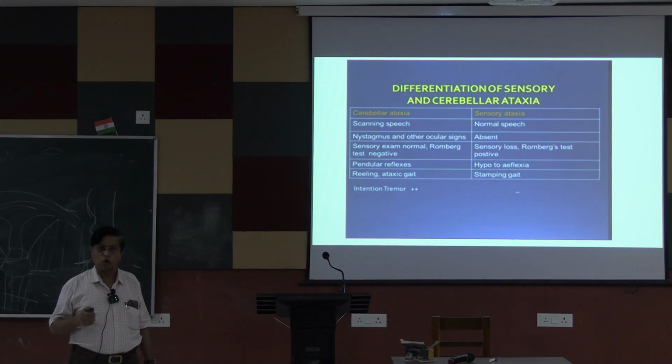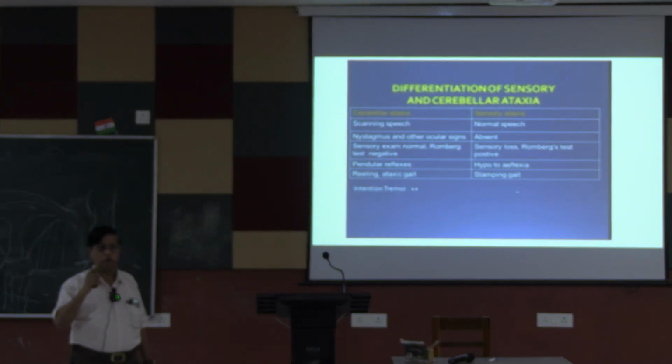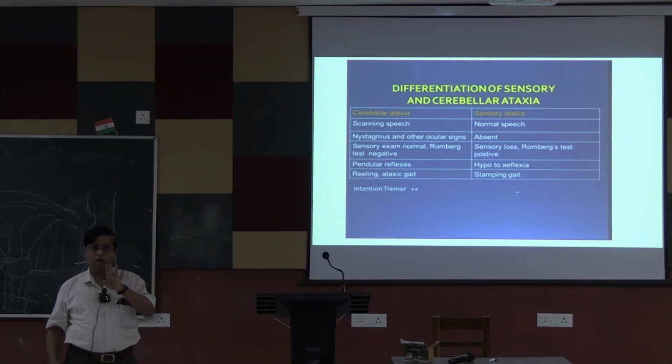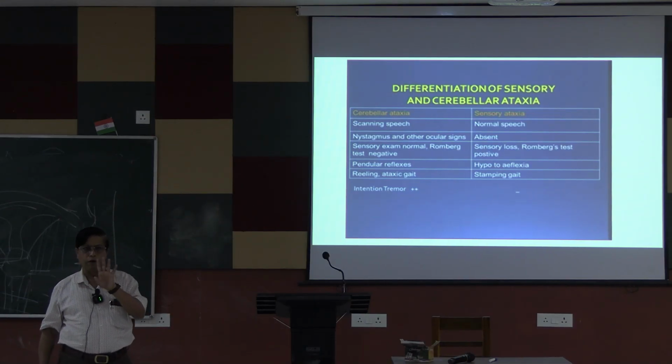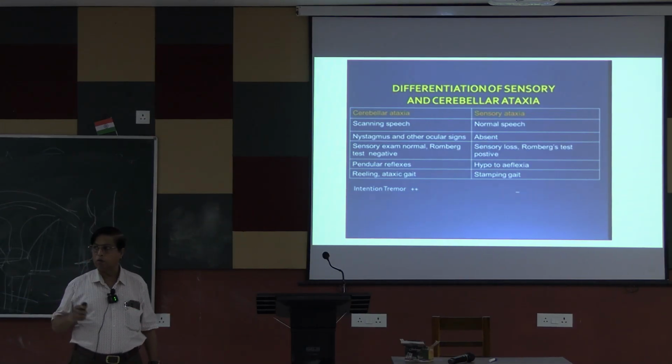Nystagmus has two components, a faster component and a slower component, so it is always described by where the faster component is. Suppose you are looking to the right side and there is nystagmus oscillation, and the faster component is towards the right. We call it nystagmus to the right. If the faster component is to the left, we call it nystagmus to the left.